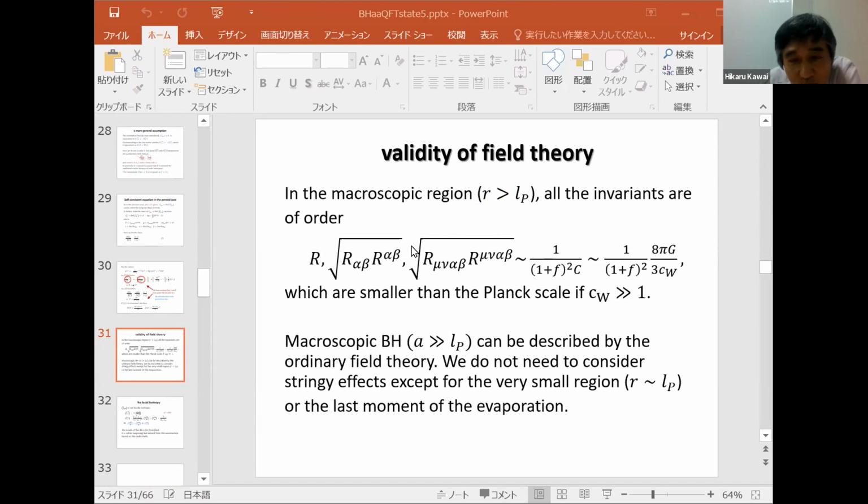This means the quantum effect for gravity is not so large. So in this sense, if the central charge is large, curvature is small, and we don't have to consider the quantum fluctuation of gravity. So this means a semi-classical Einstein equation. We treat G mu nu as a classical field, but we treat the other fields quantum mechanically.